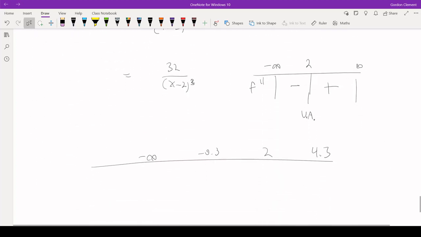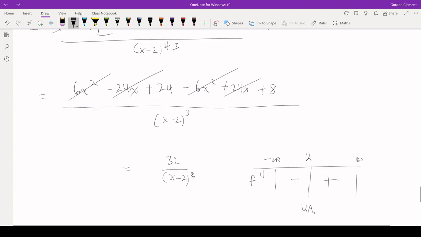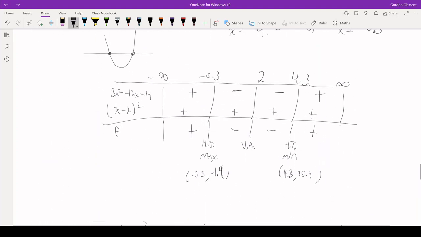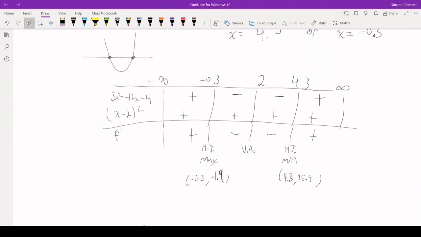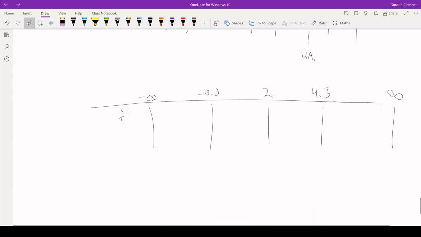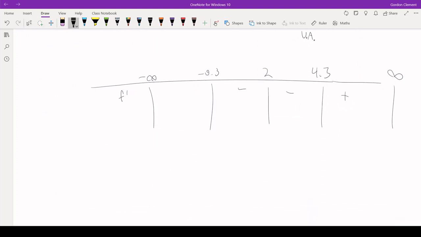Those are my values that are going to go in my combined table. First derivative was negative between the two decimal things and positive outside. Second derivative was negative before 2 and positive after 2.